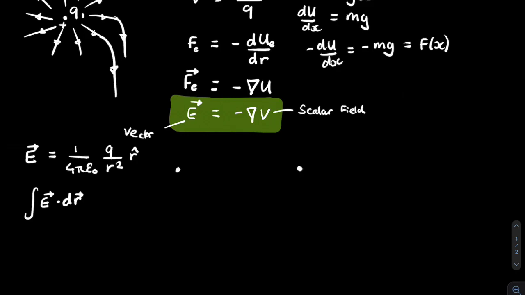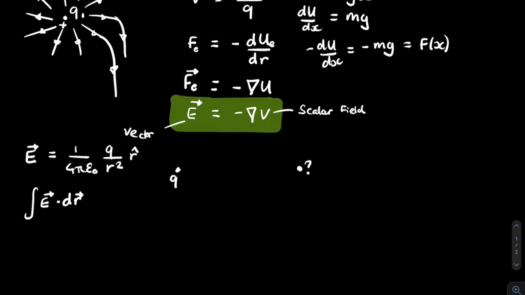Say here are our two positions, and the charge is here, and we want to know the potential at this point away from the charge. We basically just do an integral of the electric field multiplied by a tiny infinitesimal slice of r, and we integrate it up and sum them all together.